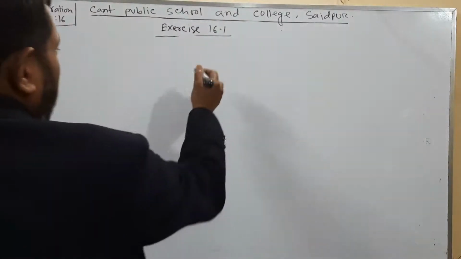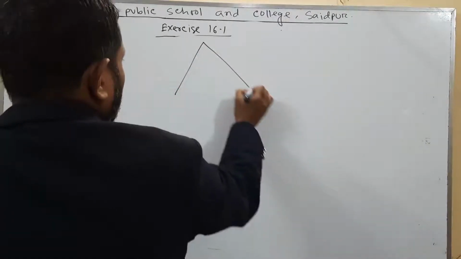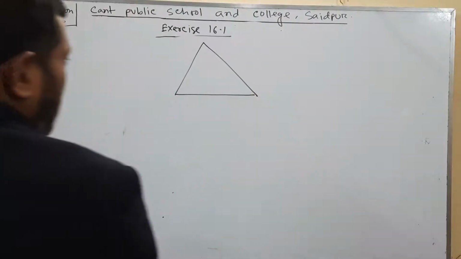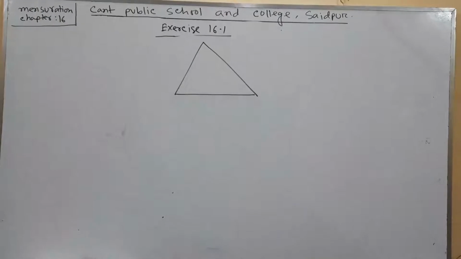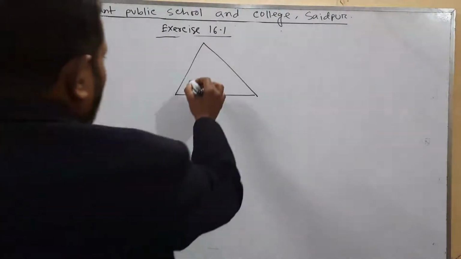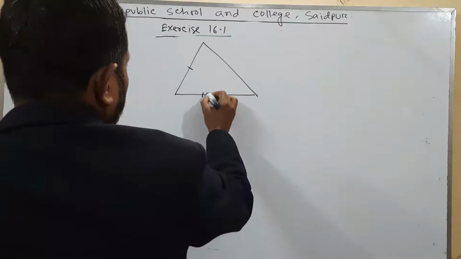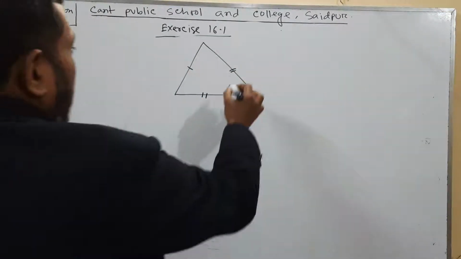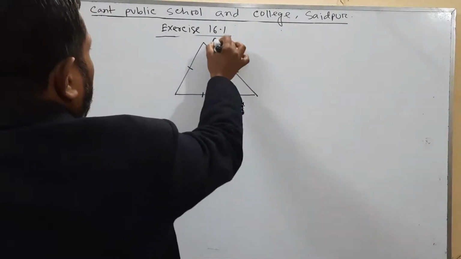For a scalene triangle, the lengths of the three sides are not equal to each other. These three side lengths will be unequal.